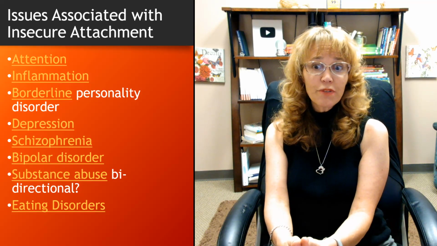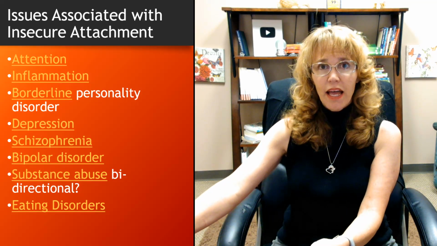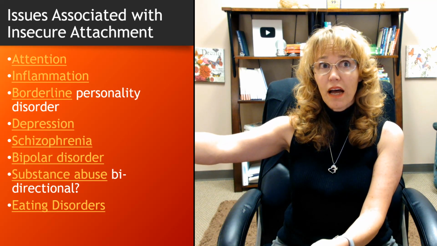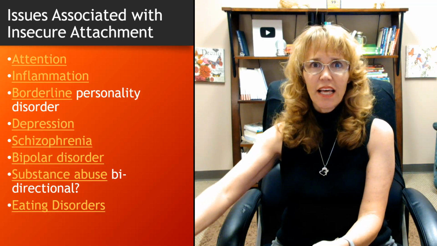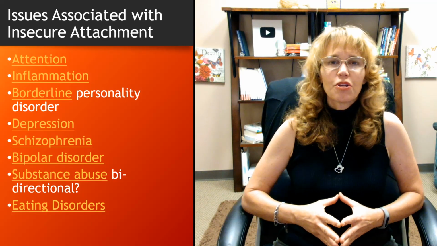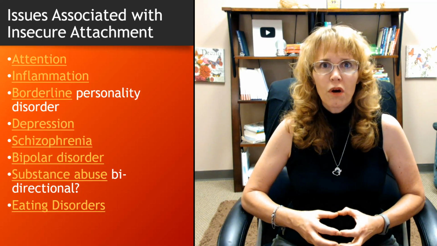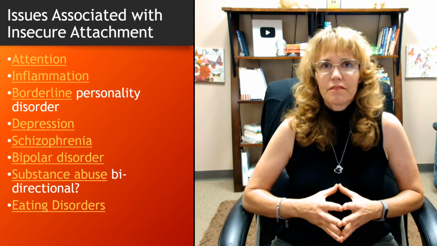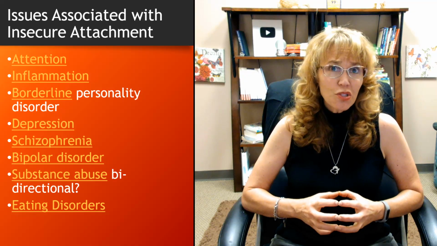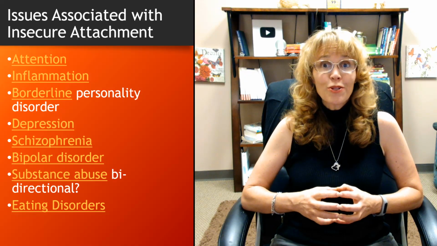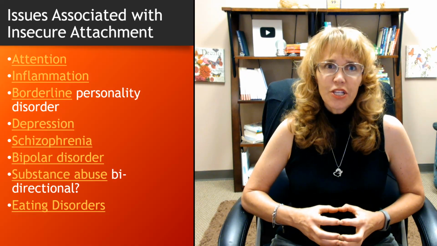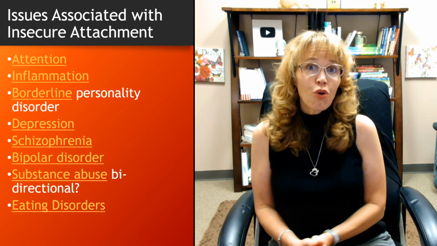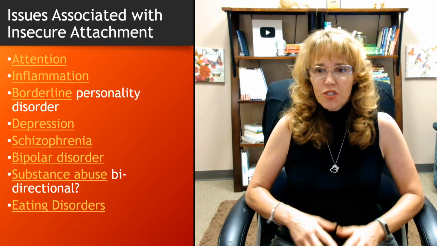And then for whatever reason, they start developing a substance use issue, and it negatively impacts their relationships. And those relationships become much more chaotic and insecure. So that's kind of an interesting thing. And eating disorders are also strongly correlated with insecure attachment. People with insecure attachment are often more likely to develop eating disorders.